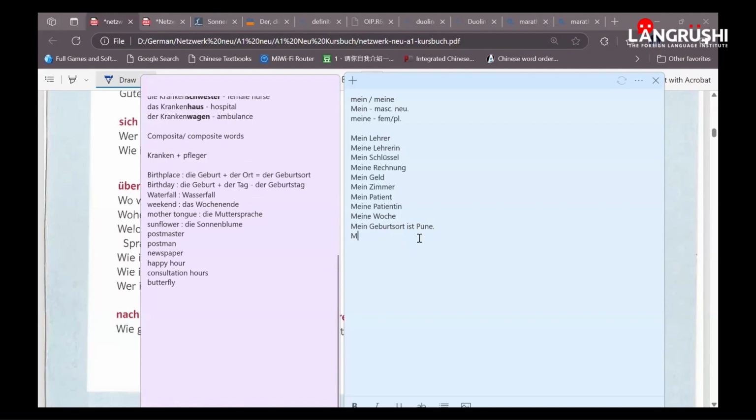Mein Vater. Correct. Sugandha, my mother will be meine Mutter. Correct. Then it goes on. You can write it for anything. You can say mein Sohn, my son, but meine Tochter.